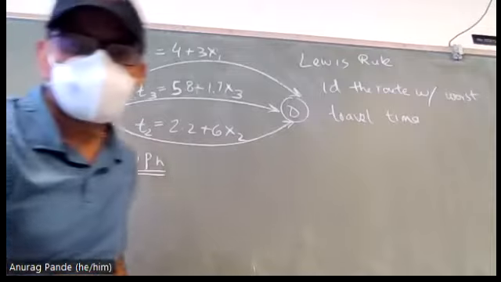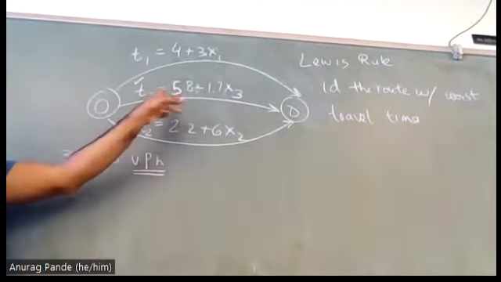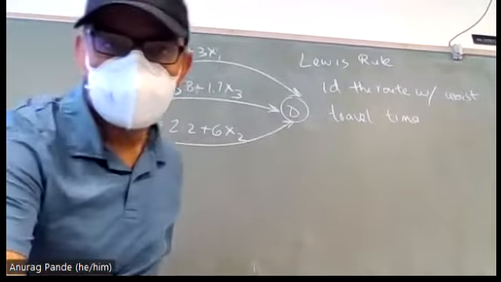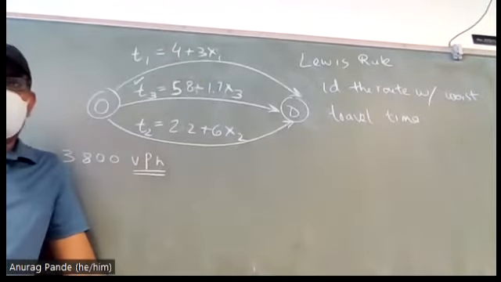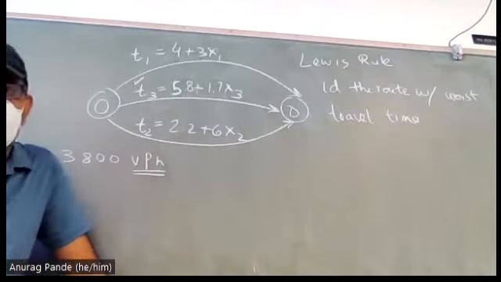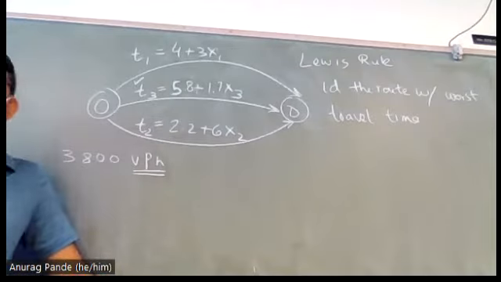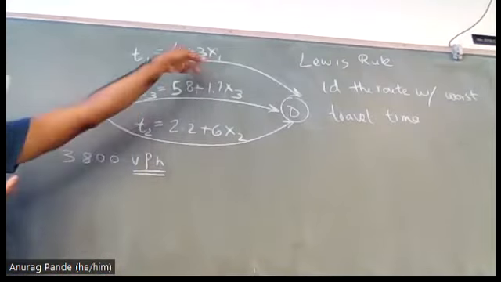In this case, that will obviously be route X3, so I'll pick that route. And then for each other route, I'll find the flow rate at which each of these routes will become competitive.